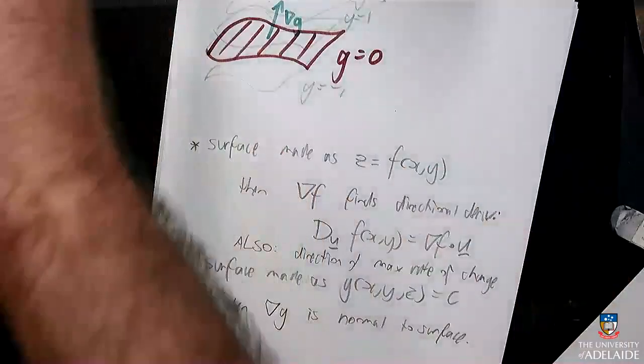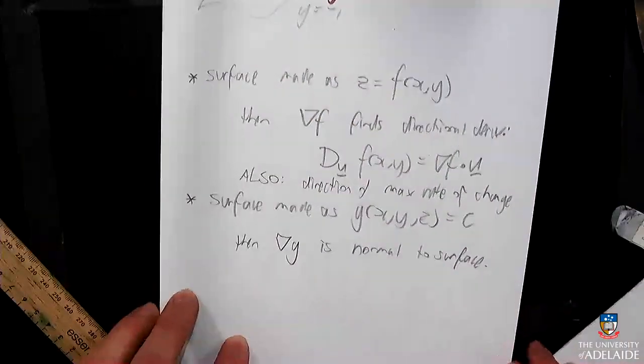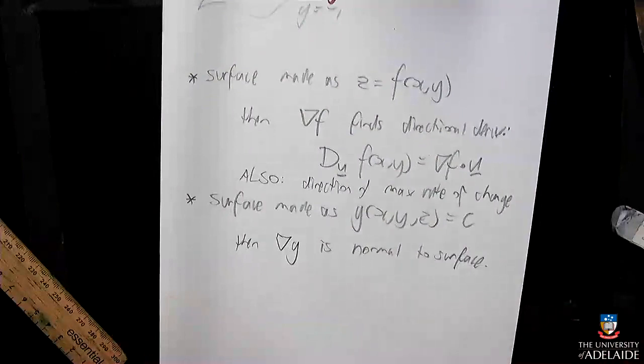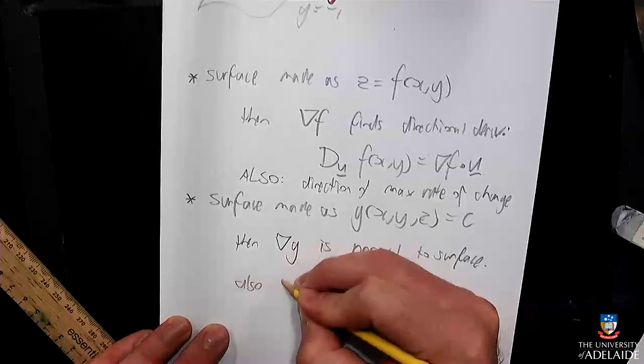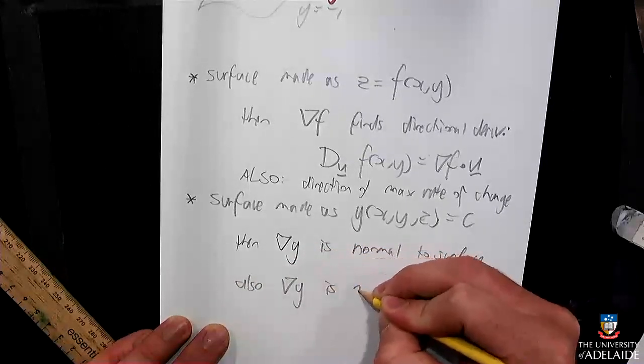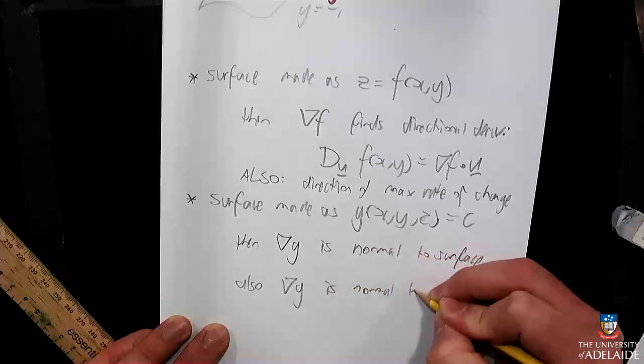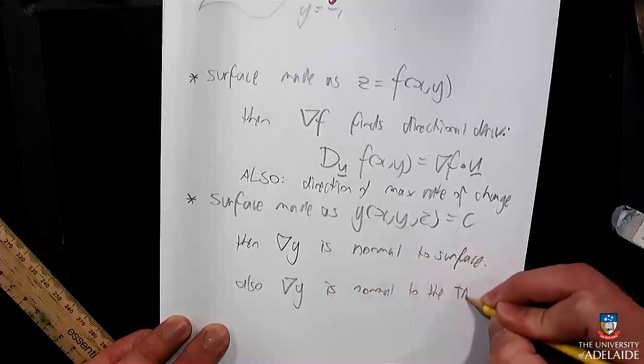Let me just go back to that. The gradient vector of, not the gradient vector of the surface considered as a function, the gradient vector of the surface considered as a piece of a 3D function. Also, this is normal to the tangent plane.